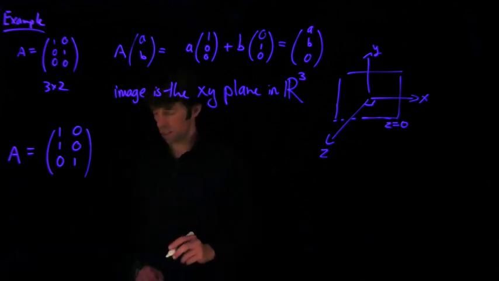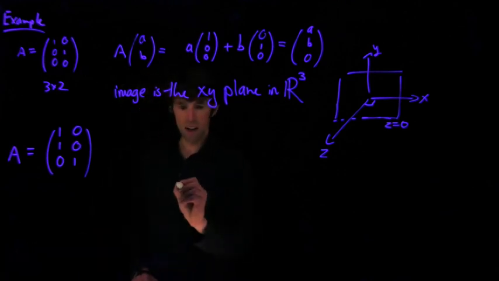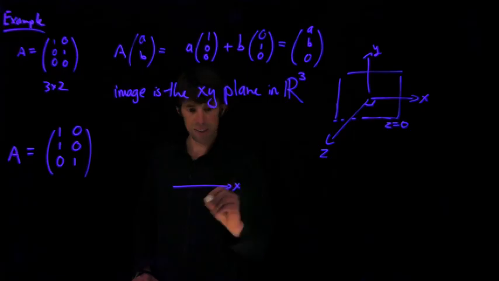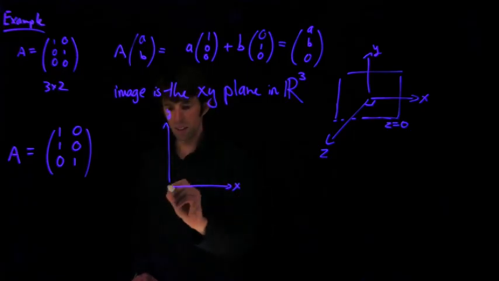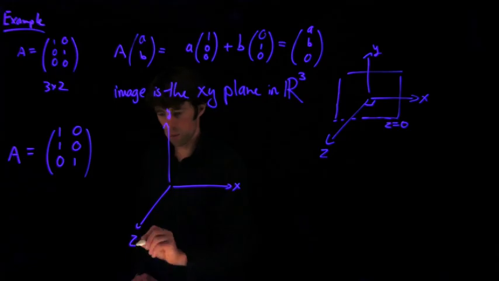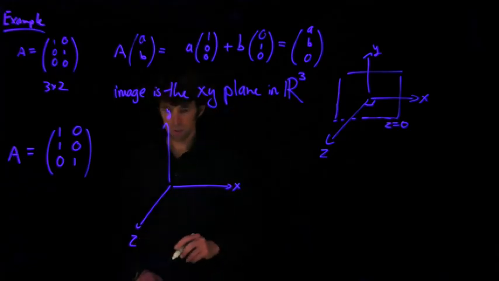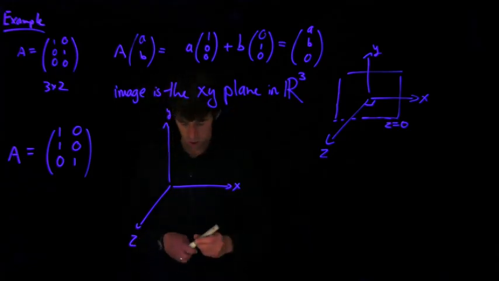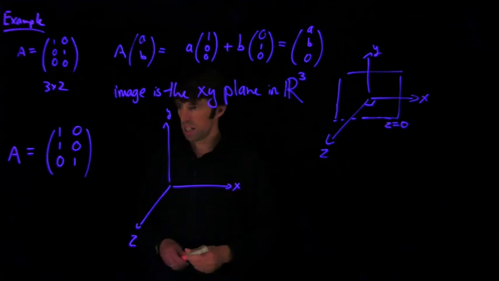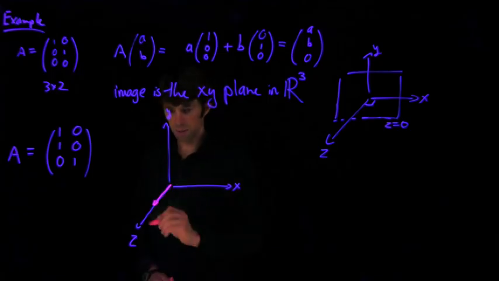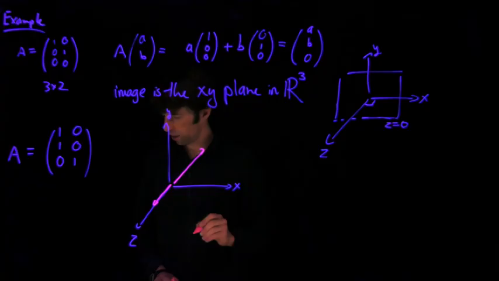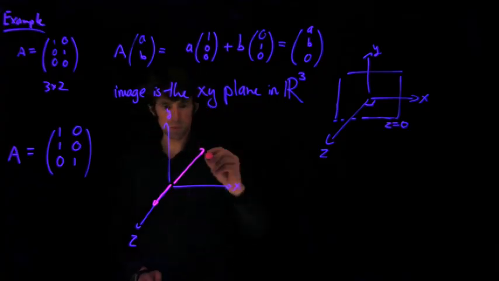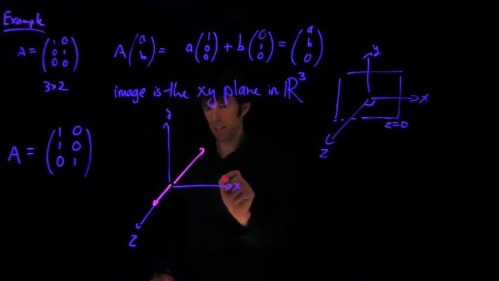So let's try to draw a 3D picture of this. Here is my x-axis. Here's my y-axis. And the z-axis is perpendicular to the board here. So what I'm allowed to do is walk either along the z-axis or along this diagonal vector here, which is in the xy plane.